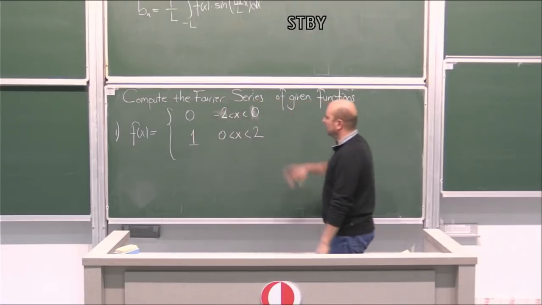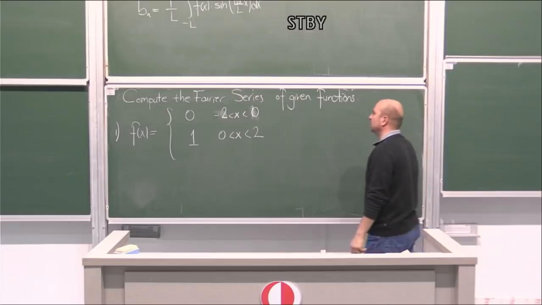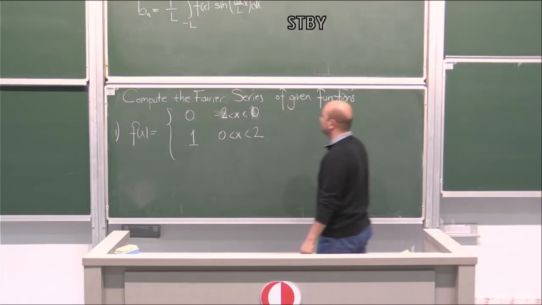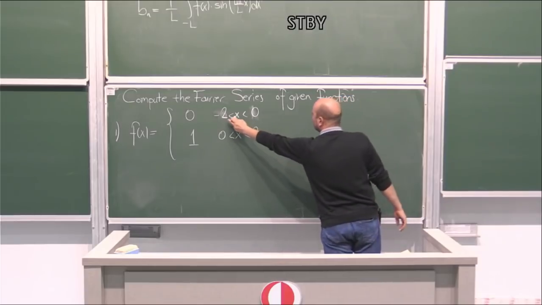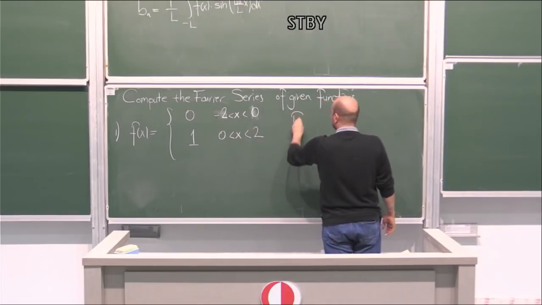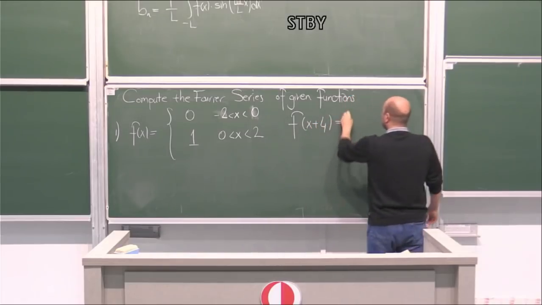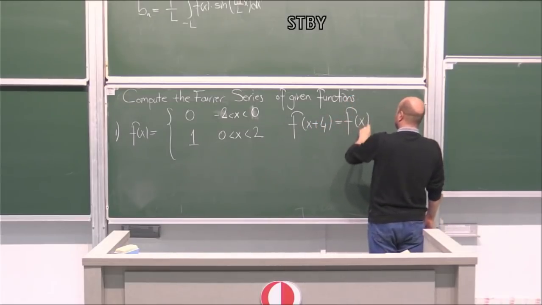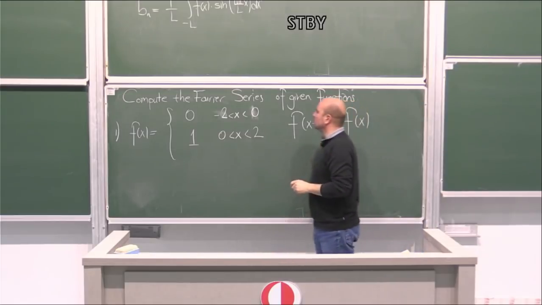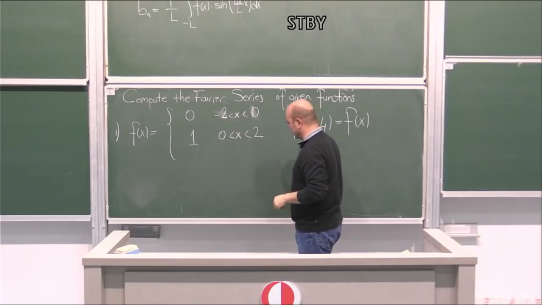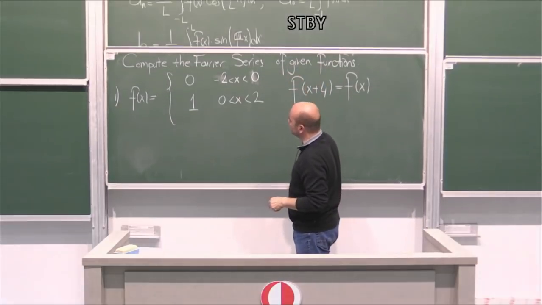I was planning to do period 2, but now this is the same thing with period 4, because I gave you between minus 2 and 2. So now your period is 4, and this function is obviously piecewise continuous.